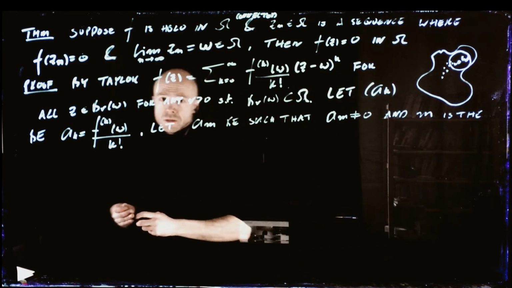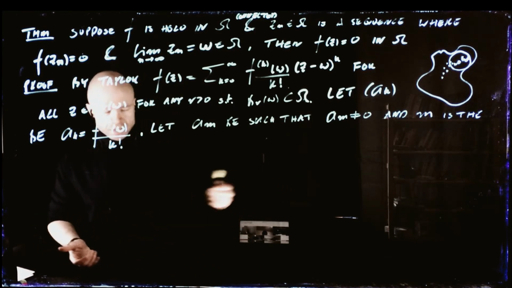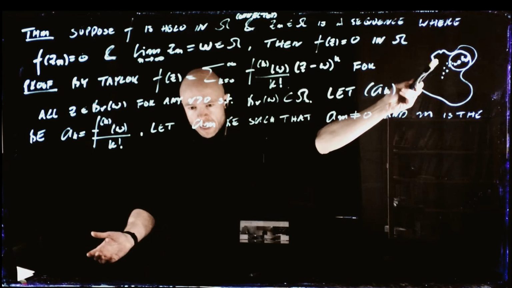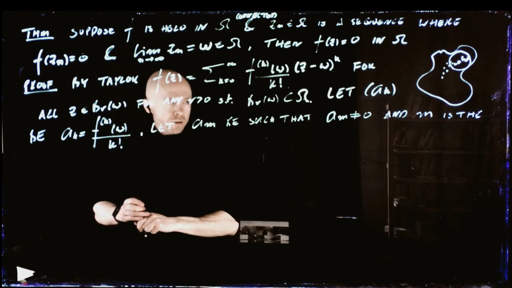So it's not going to be a_0 because by continuity we know that f of w equals 0. So it could be a_1, or it could be a_2, but whatever, the smallest one.